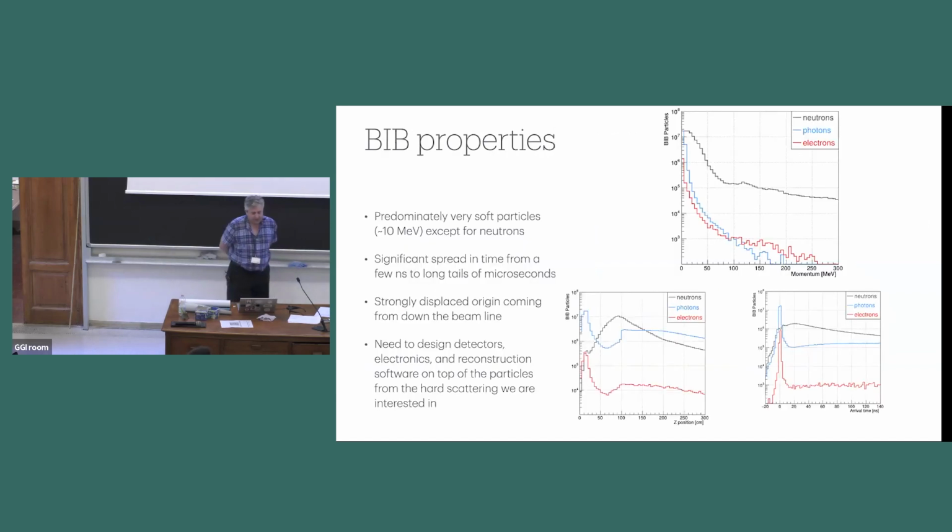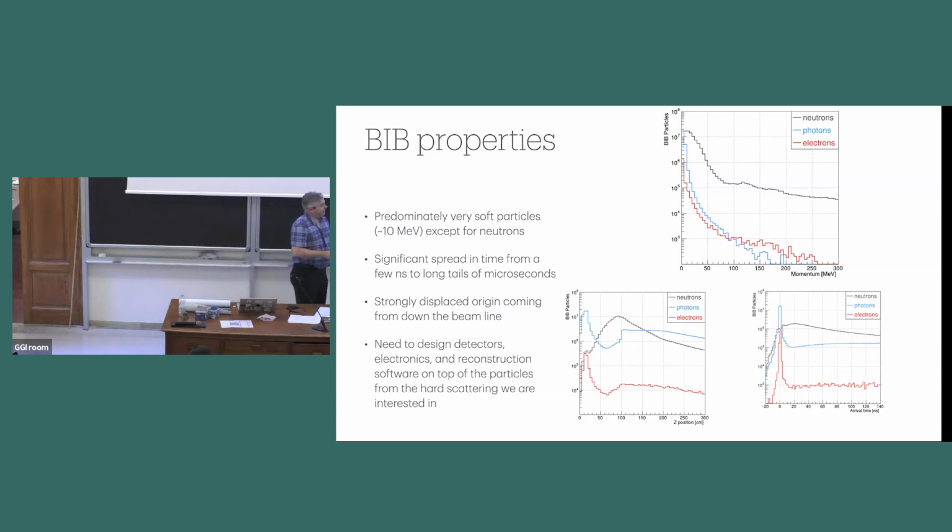Just to give you a little bit of a flavor for the next lectures, these BIB properties are predominantly fairly soft particles. You can see here the distribution in terms of the momentum and where they are in Z. They are also strongly displaced because most of them do not come from the interaction region, but from showers downstream interacting with the accelerator elements.